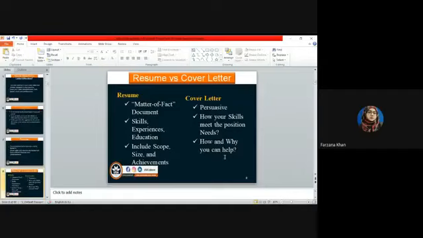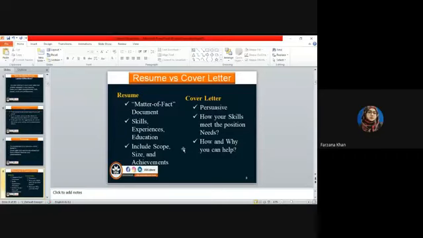That's why it is called that cover letter is written to convince other, because here you tell other how and why you can help that organization and you can fulfill their requirements. These are some major differences between resume and cover letter.